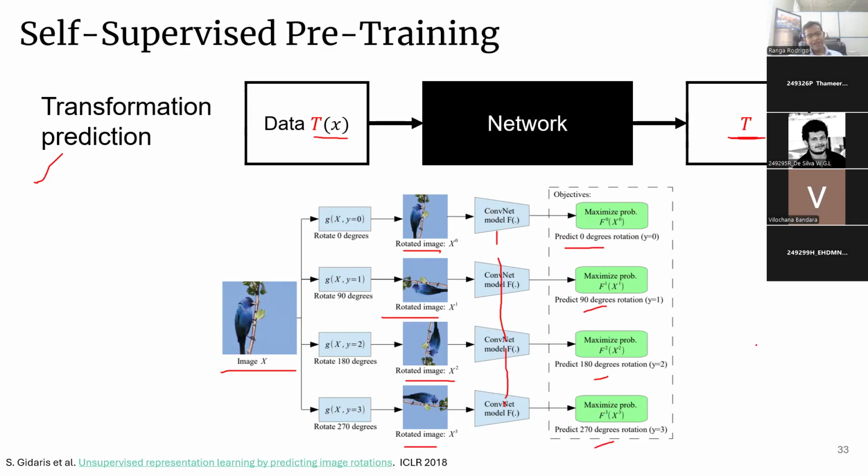You have the same images. You rotate, and the angle by which you rotate, you know. By looking at these images, the network has to say 0, 90, 180, 270. That's a simple task. With this, the network learns how the image looks, right? When you give thousands and millions of images, the network will understand how to represent an image.